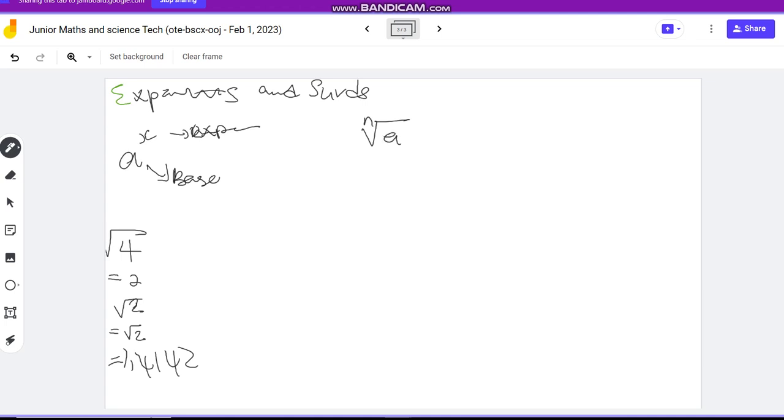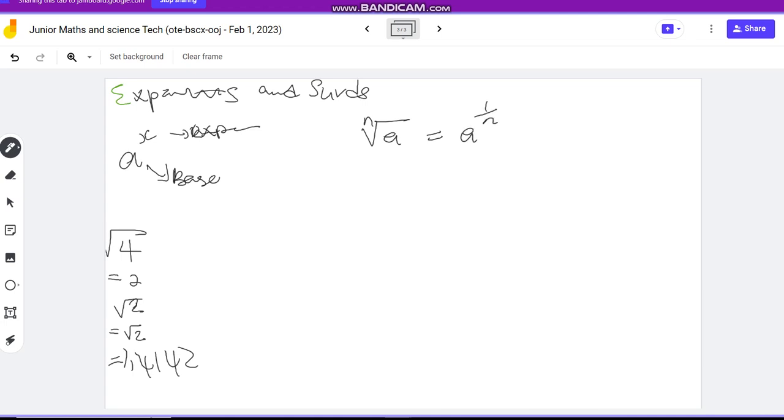Their formula is something like this, where n just means the root number. Maybe we want the square root, fourth root, third root, something like that. In most cases, this is the same as a to the power of 1 over n.